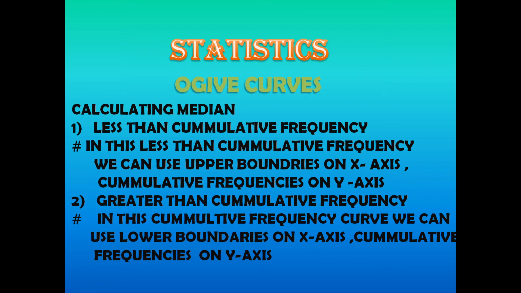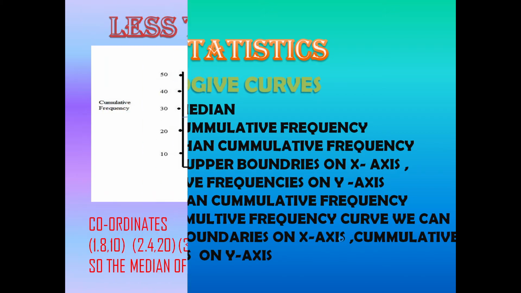Now the next one is the greater than cumulative frequency curve. In this cumulative frequency curve, we use lower boundaries on the x-axis and cumulative frequencies on the y-axis. So in both the curves, cumulative frequencies should be on the y-axis only. Now we are going to see one more example for these curves.